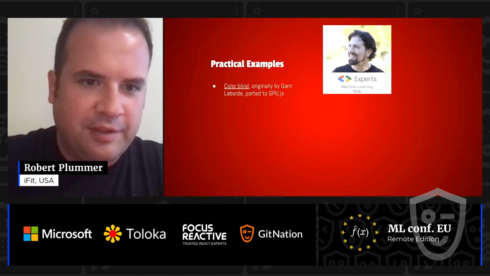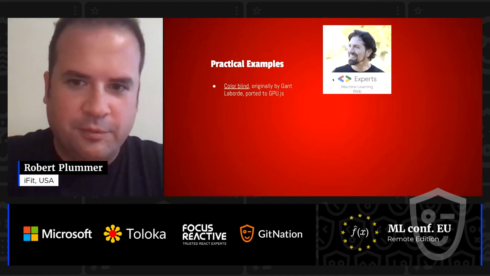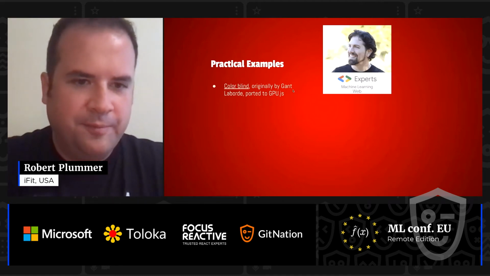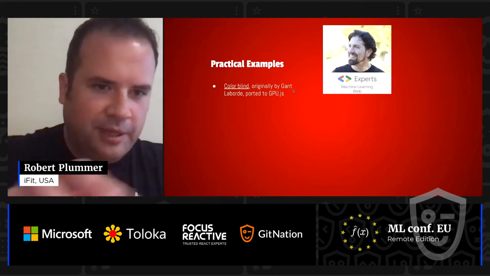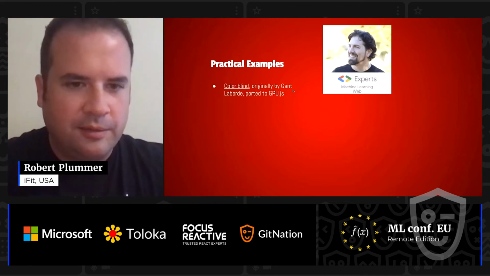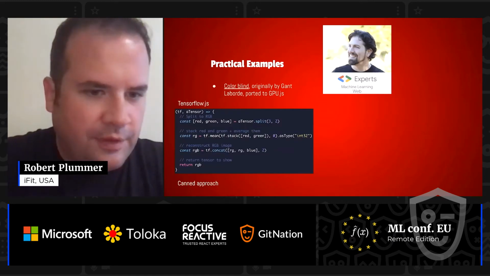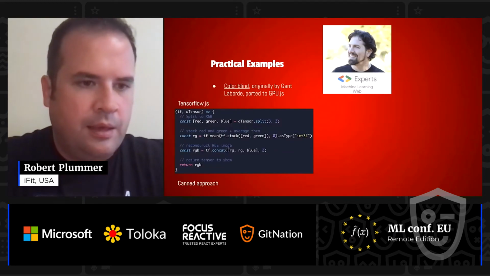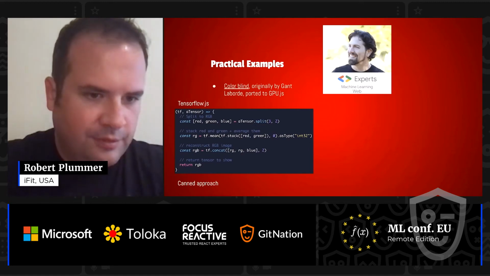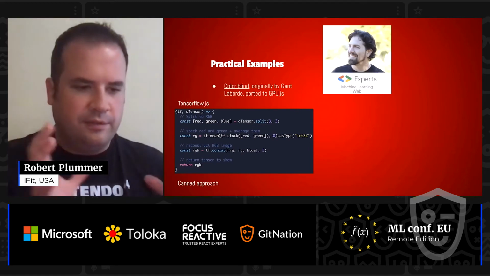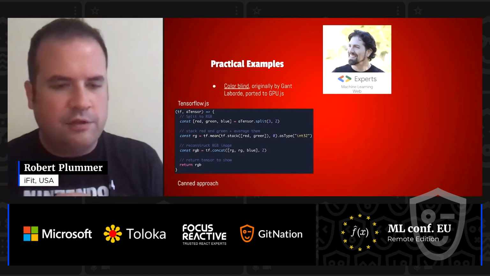Our first example was written by Gant Laborde, and he wrote colorblind, what it's like to be colorblind in TensorFlow. And so this was the TensorFlow version. I call this the canned approach. We've got these functions that we get, and there's nothing wrong with those functions.